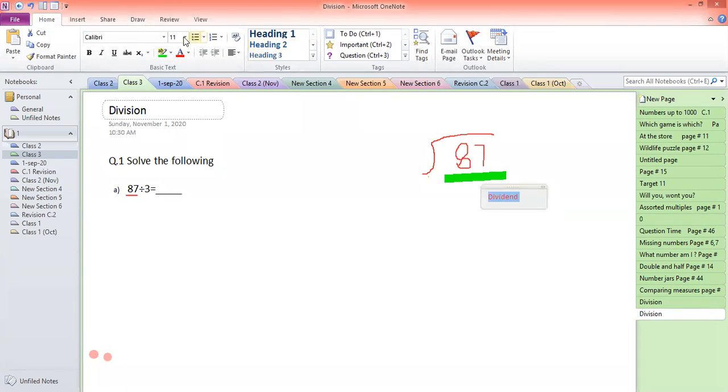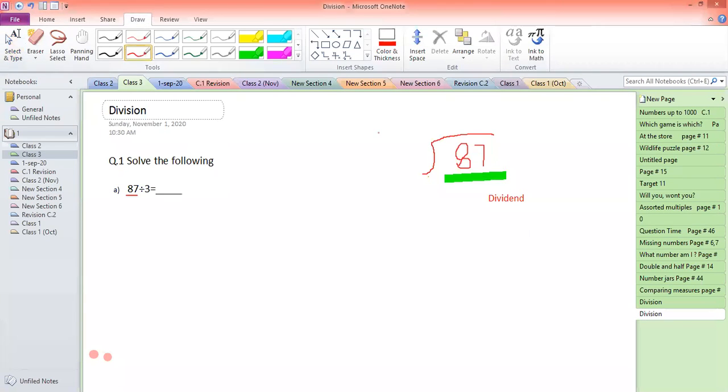The number which has to be divided is called the dividend. The number by which you are going to divide the dividend is known as the divisor.